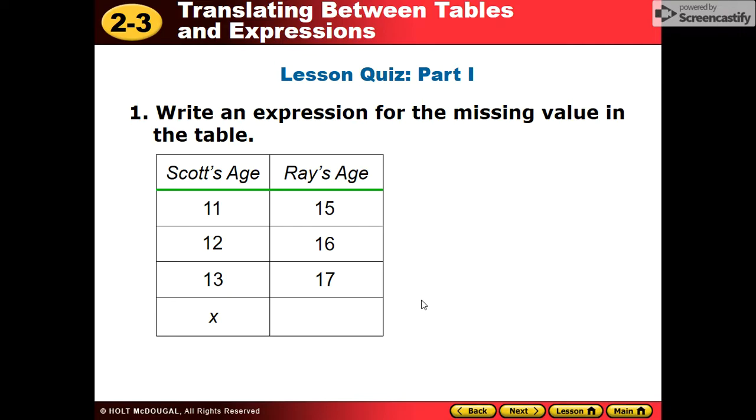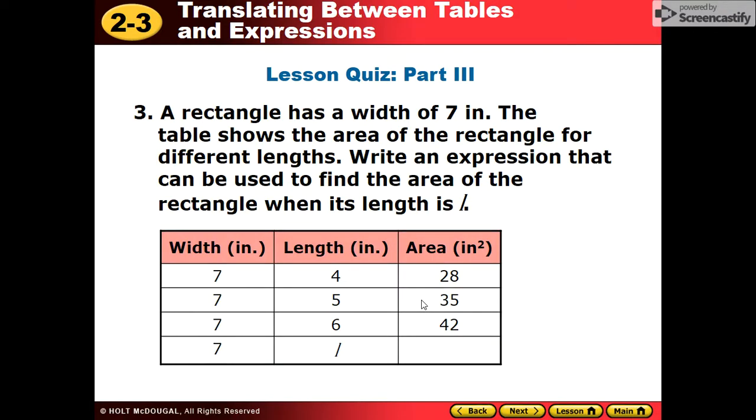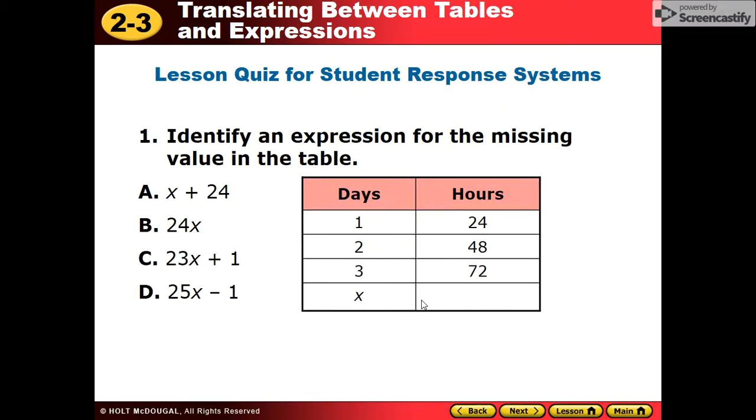Pause the video, see if you're getting them right.